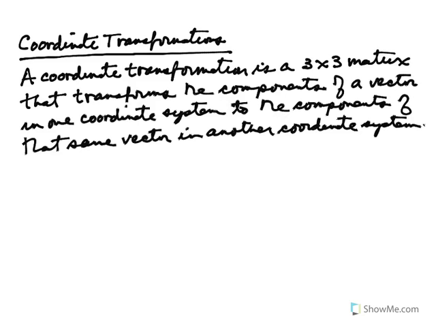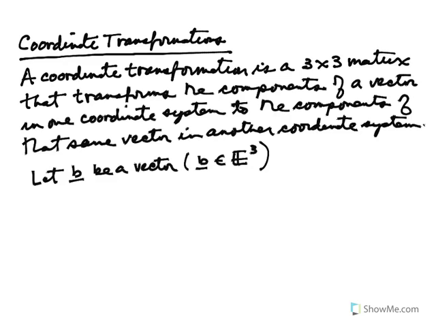So let's suppose we say let B be a vector, which means that B lies in three-dimensional Euclidean space. And then furthermore, we have two bases here.